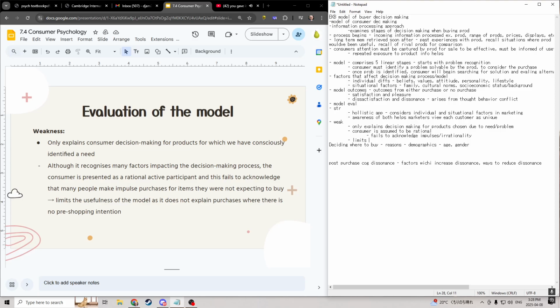Limits application of model due to no explanation for purchases with no pre-shopping intent.